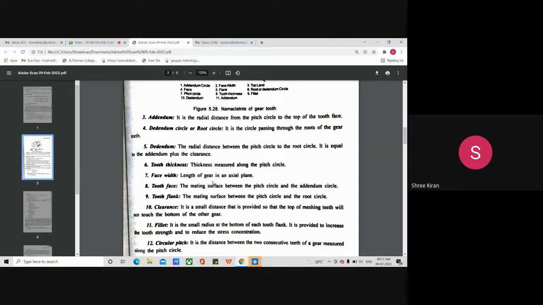Then comes the tooth face. The tooth face is the mating surface between the pitch circle and the addendum circle.